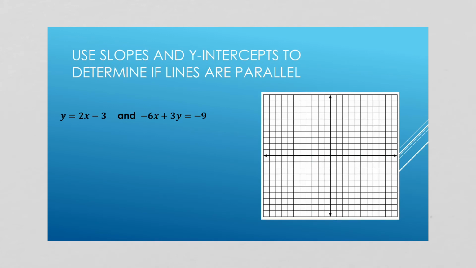All right, so let's take a look at these real quick. This first line, y equals 2x minus 3, has a slope of 2 and a y-intercept of (0, -3). For this equation, I don't know what the slope and the y-intercept is. When it's written in standard form, by the way, that is called standard form, we don't know yet.